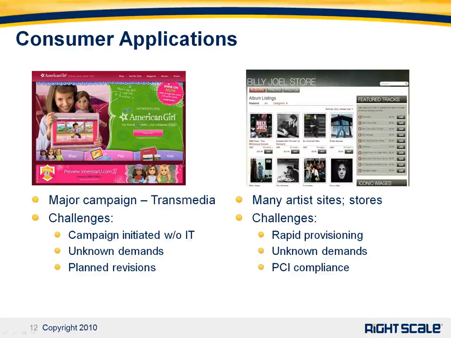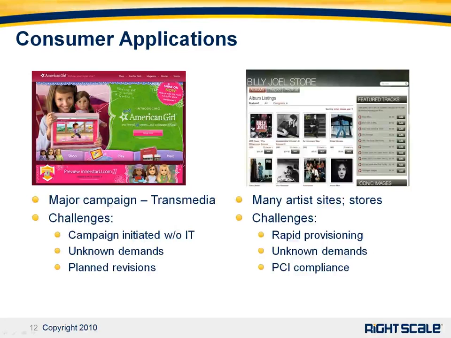So Sony's challenges are around how do we provision these sites rapidly with guaranteed results. Similar to American Girl, how do we deal with these unknown demands? So Michael Jackson dies, is our site going to go down, or is it automated to remediate accordingly to the traffic needs? And then finally, because they're running e-commerce on the cloud, they're subject to specific requirements around PCI.